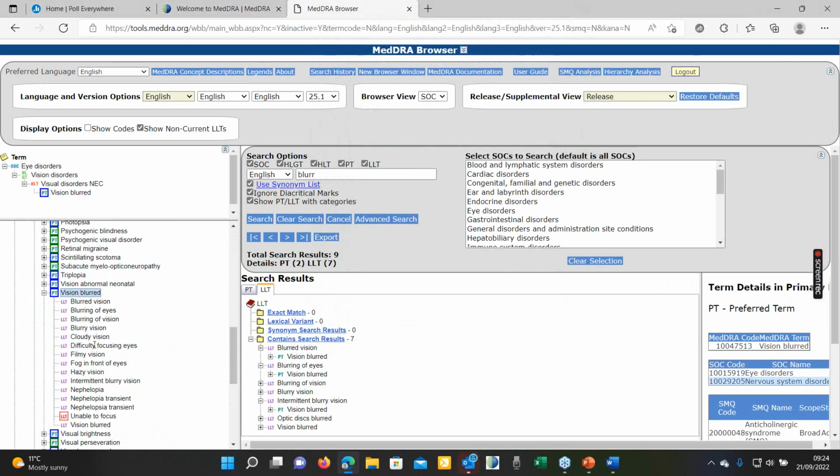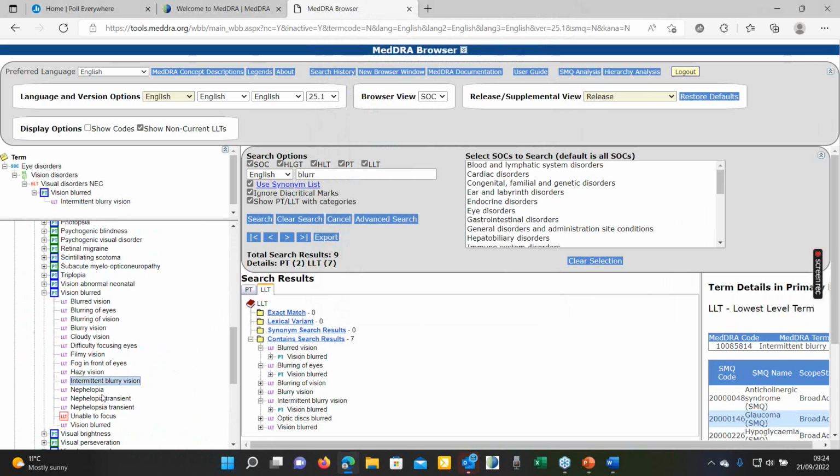So let's have a look at what's underneath this. Is there anything that captures the transient nature? So we have intermittent blurry vision, and we have this nephrolopia again. There it is. Now I put that one in the multiple choice because it is one of the LLTs.